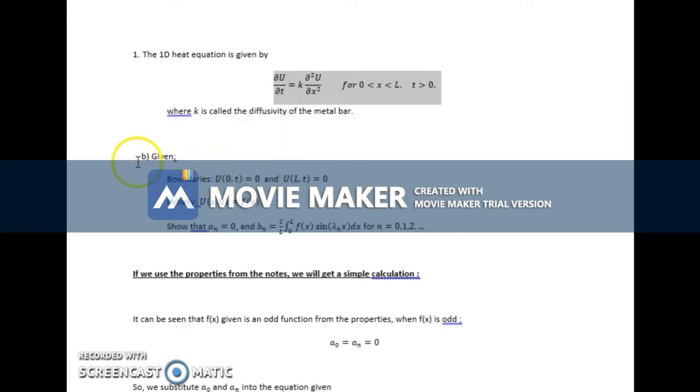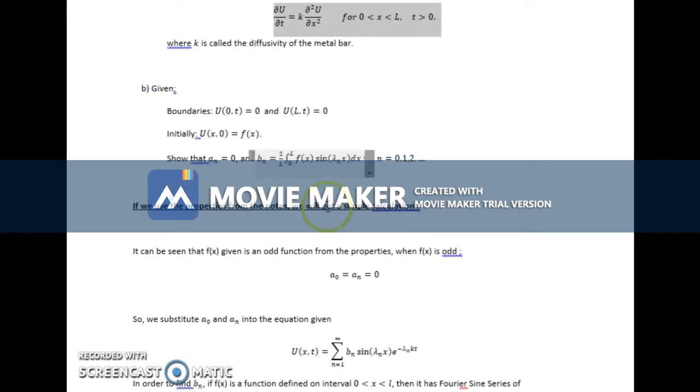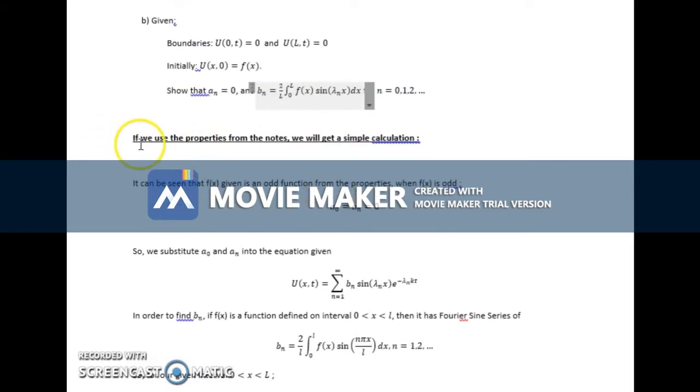The question gives the boundary and initial conditions, and we have to show that an equals 0 and bn equals 2 over L integrate 0 to L f(x) sine lambda n x in terms of x. If we use the properties from the notes, we will get a simple calculation from chapter 3, Fourier series.